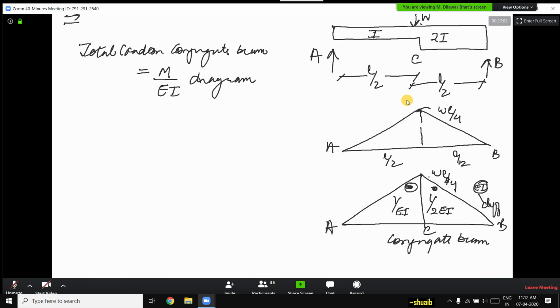And now we have thickness 1 by EI for the left portion, and we have thickness 1 by twice EI for your right portion.